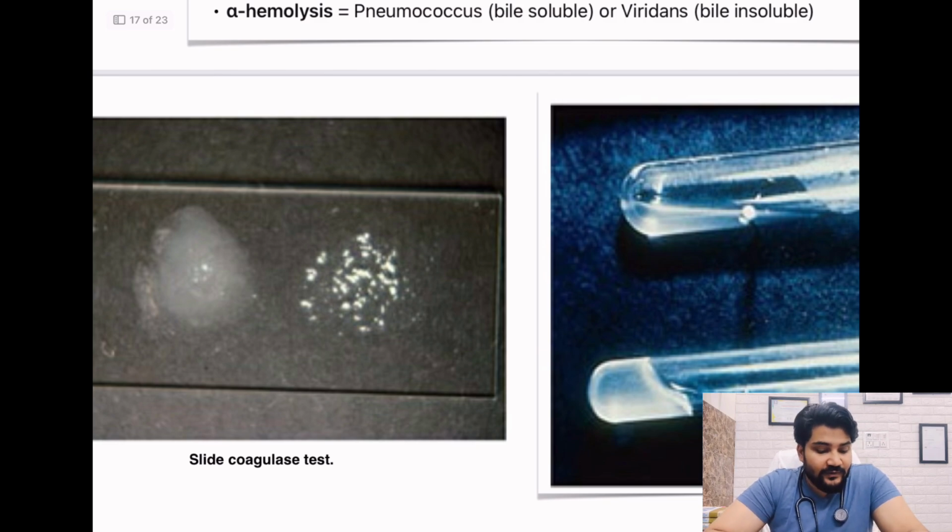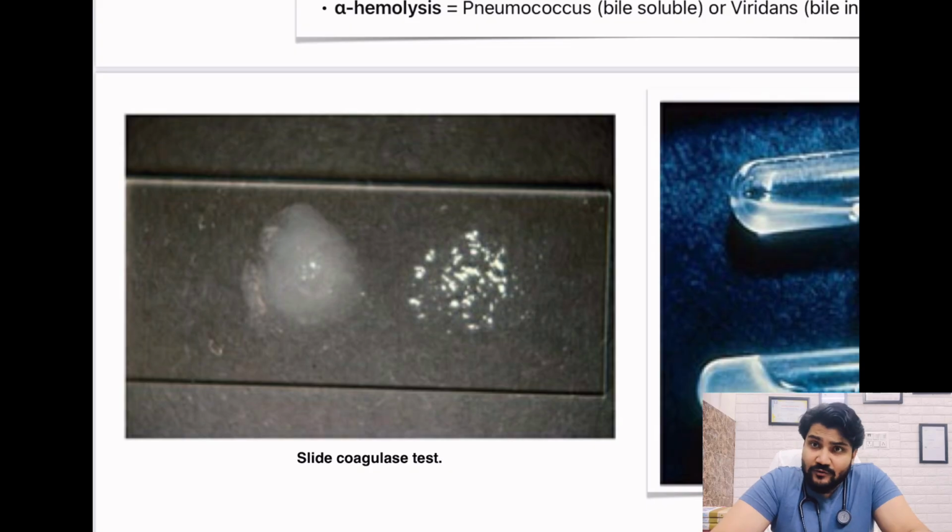So how will we perform this test? For the slide coagulase, you take a slide, then take 1 drop of plasma suspension. With the help of a cover slip, you take a very little colony and mix it with the 1 drop of plasma.